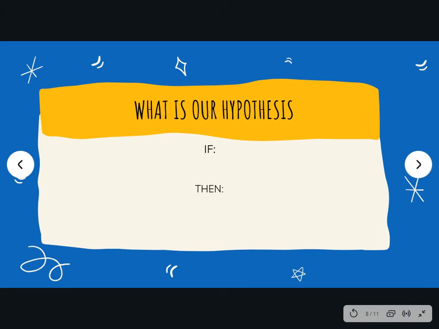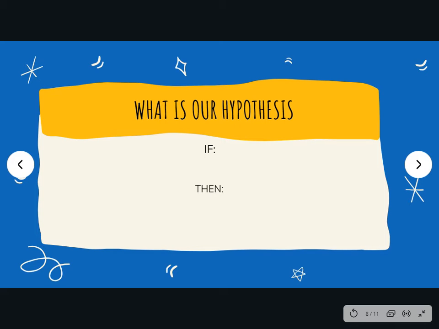Okay, so what's our hypothesis going to be? If what, then what? What do you think is going to happen? So if we use fertilizer, right? What do we think is going to happen?